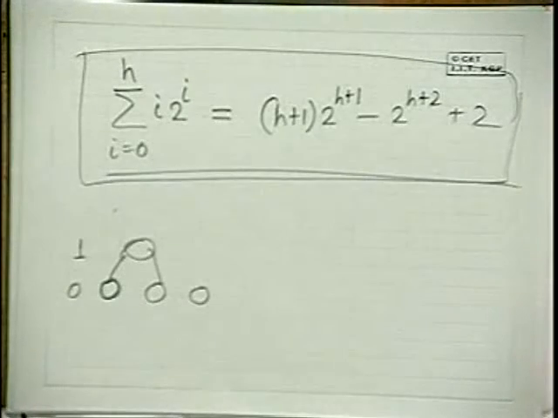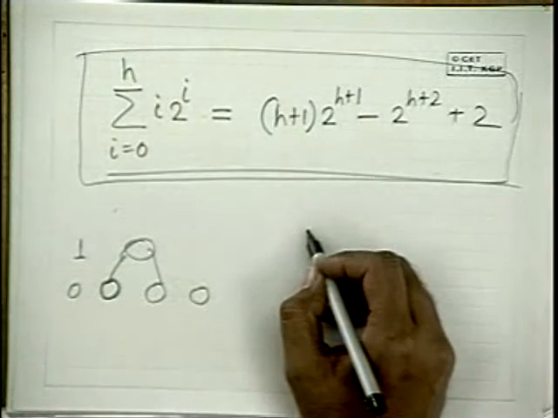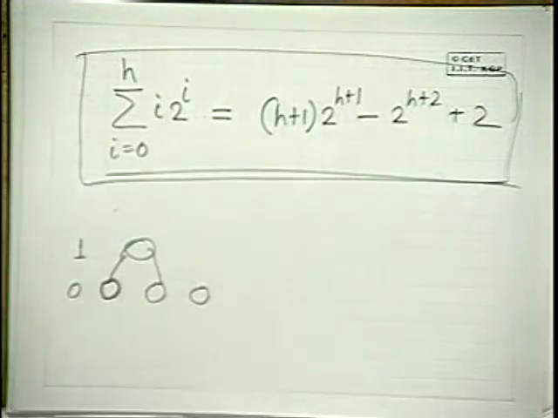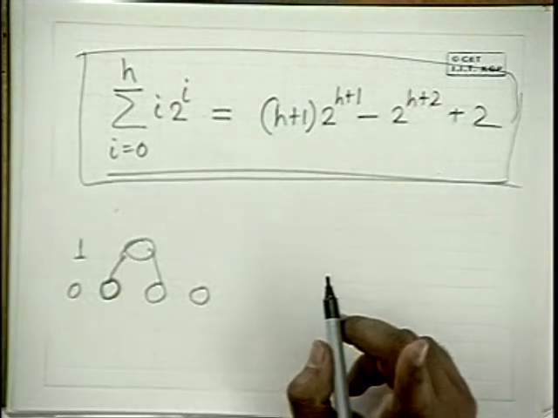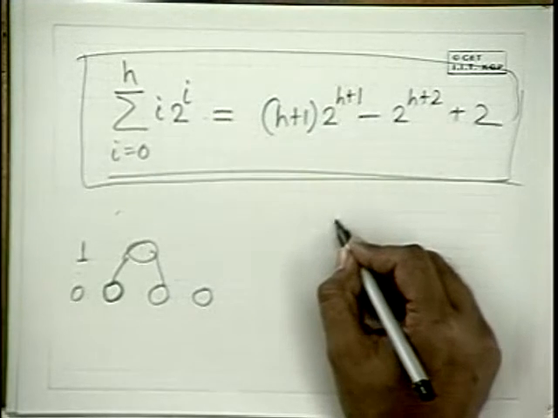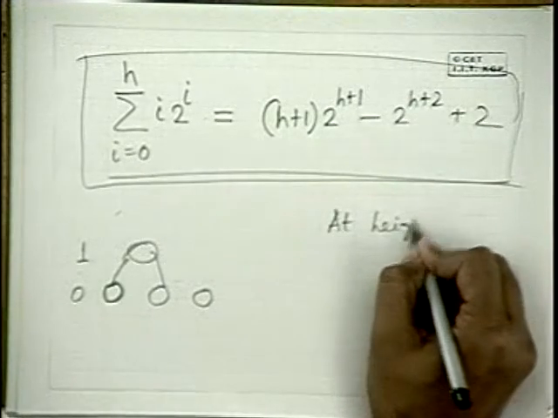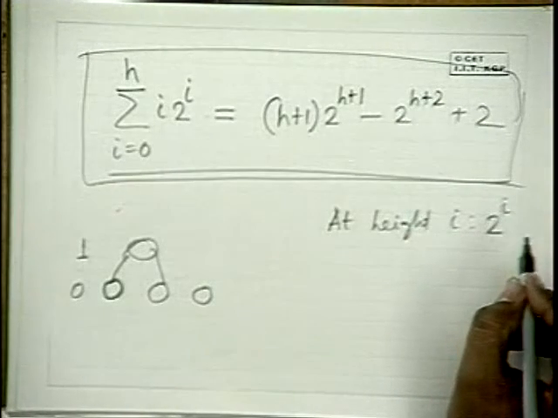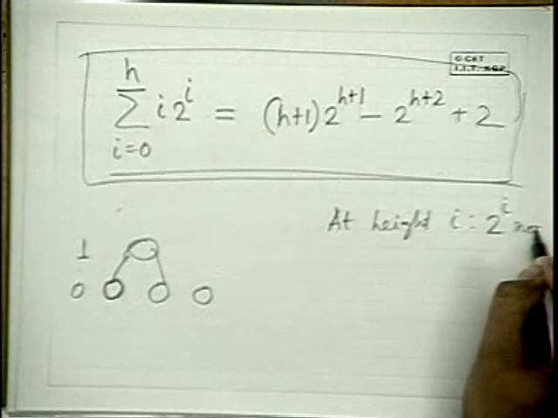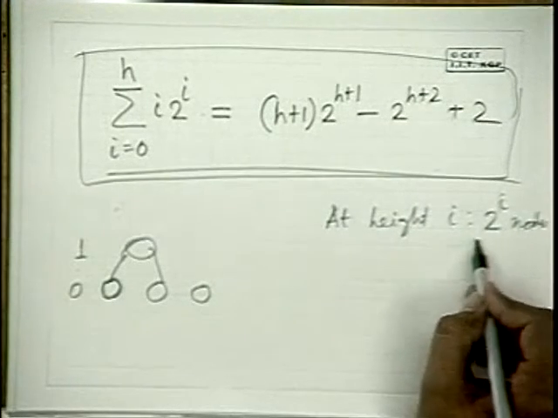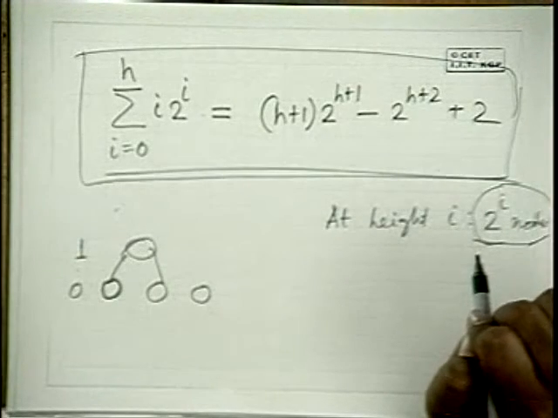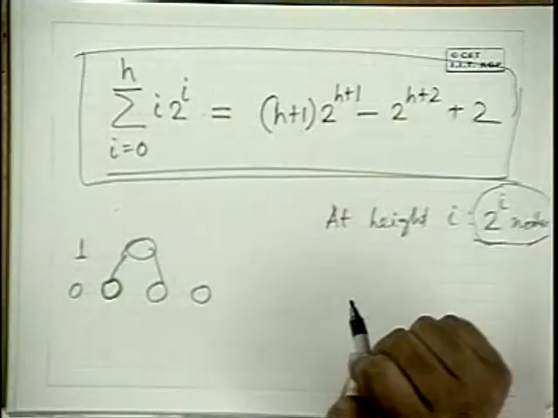At the 0 level, how many nodes are there in the heap? Basically only one. At the level i, there are 2 to the power i nodes. And when these 2 to the power i nodes were placed in the heap, what was the height during that time?